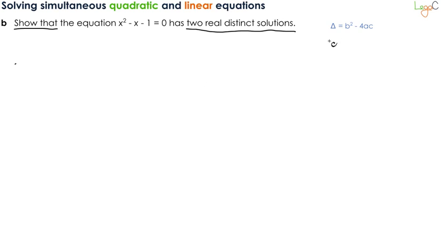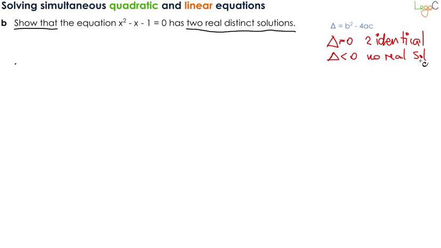So let's recall the fact that when delta equals 0, we have two identical solutions. Some people say that there is only one solution because they are identical, but they are real solutions, and they are the same. If delta is less than 0, then there are no real solutions.